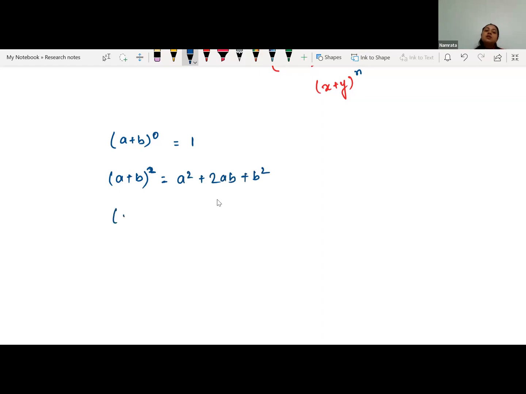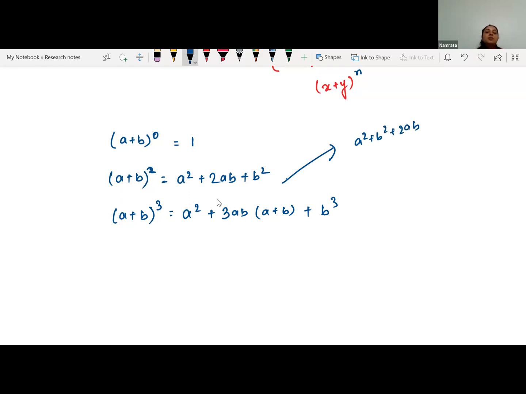Similarly, we have also learned the formula for a plus b whole cube. This is how we have learned the formula. However, we also started writing it as a cube plus b cube plus 3ab in bracket a plus b.